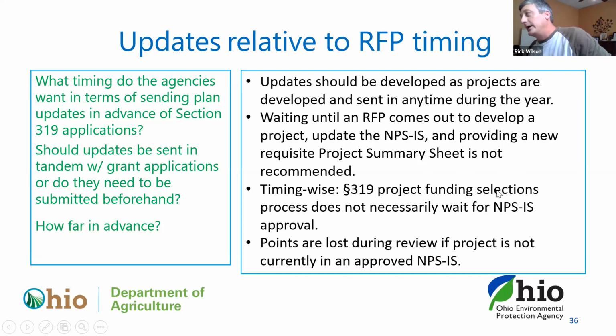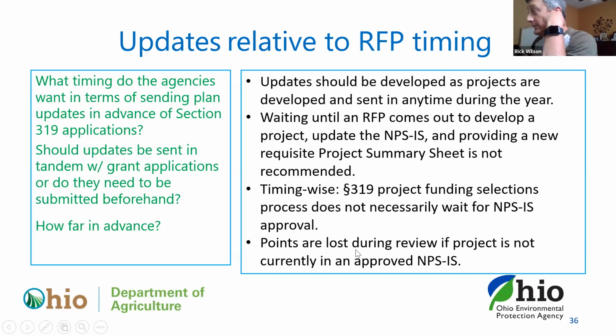Timing wise, we won't wait for nine-element plans to be approved. If we're asked to provide funding selections or funding selection recommendations by our chief or our director tomorrow, we can only send those recommendations for those who have projects in approved nine-element plans. So we aren't going to say, well, this one was a good one if we could only get their nine-element plan approved. It'll just have to wait and go off the list until the next funding cycle.